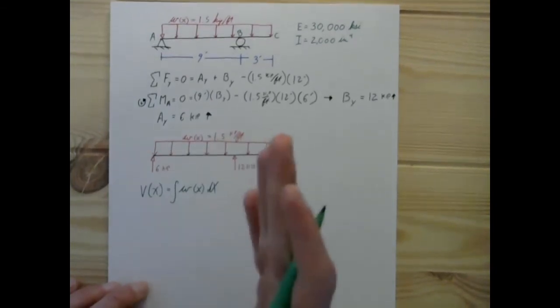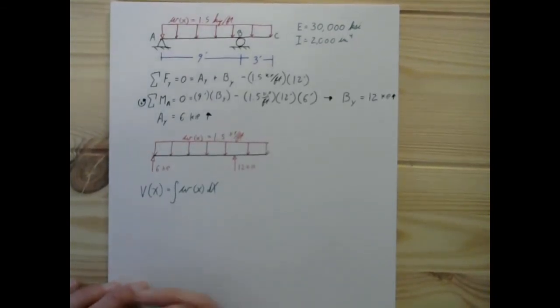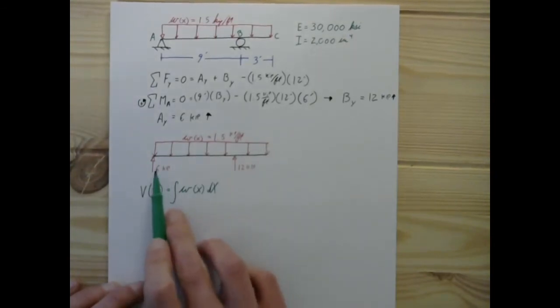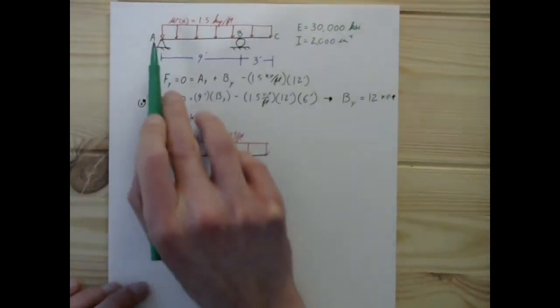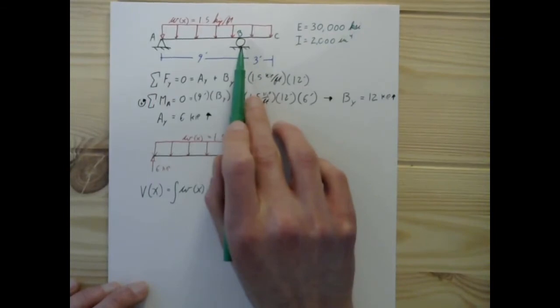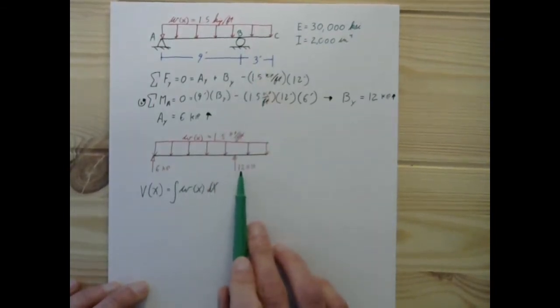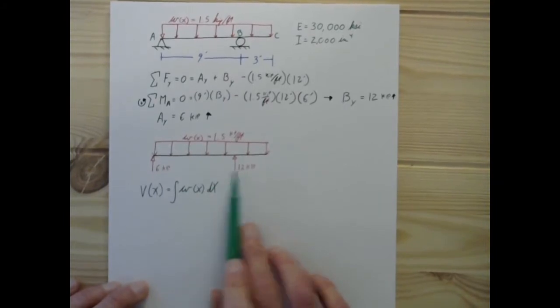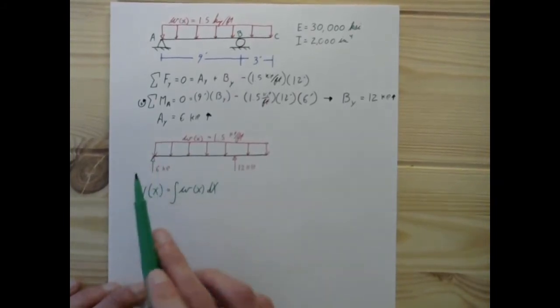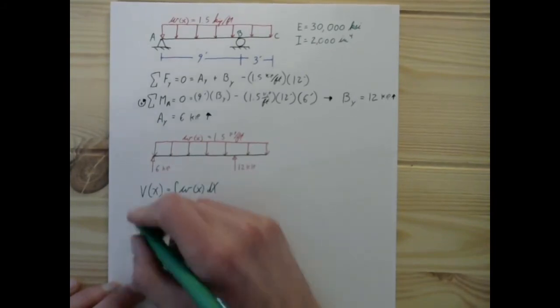It's just a constant. It's not even really a function. So we're going to be able to say that from A to B, at B we're going to have a discontinuity on account of this point load right here. We'll also have a discontinuity at A, but we can take care of that right away.